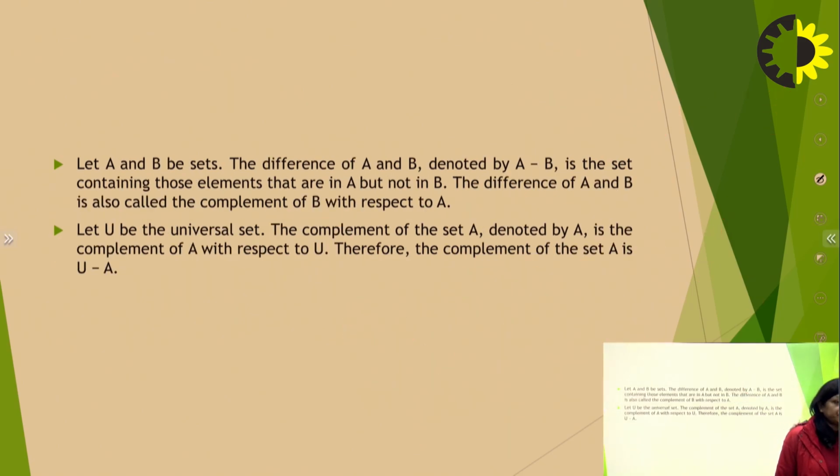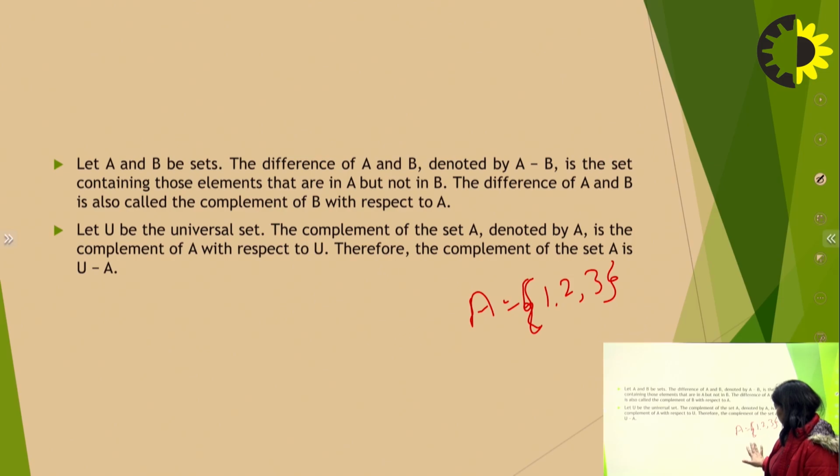Next, let A and B be two sets. The difference of A and B, denoted by A minus B, is the set containing those elements that are in A but not in B. So the difference of A and B is also called the complement of B with respect to A. Let's take an example. A = {1, 2, 3}.